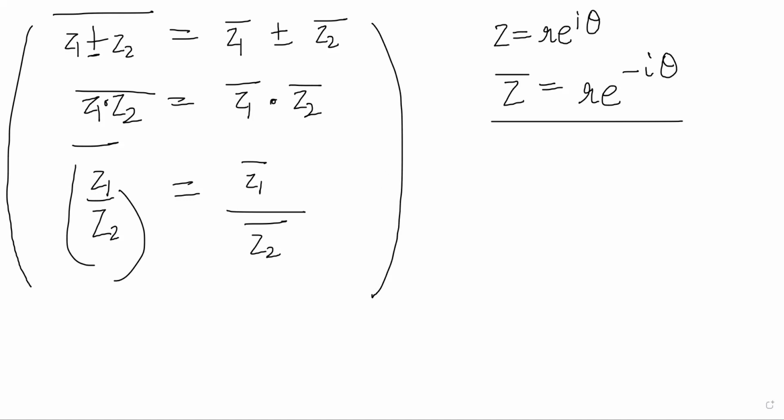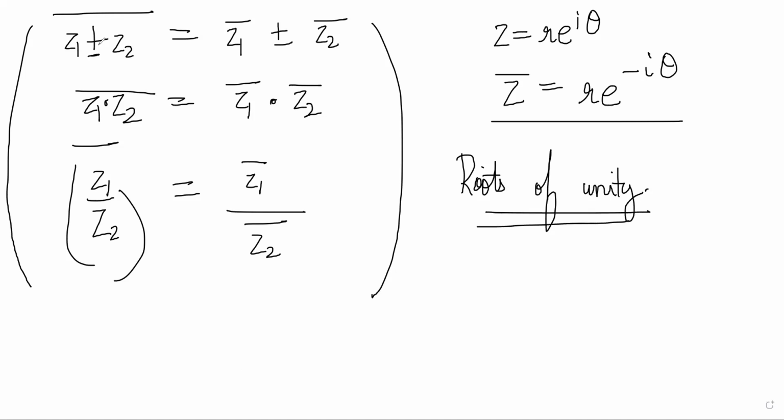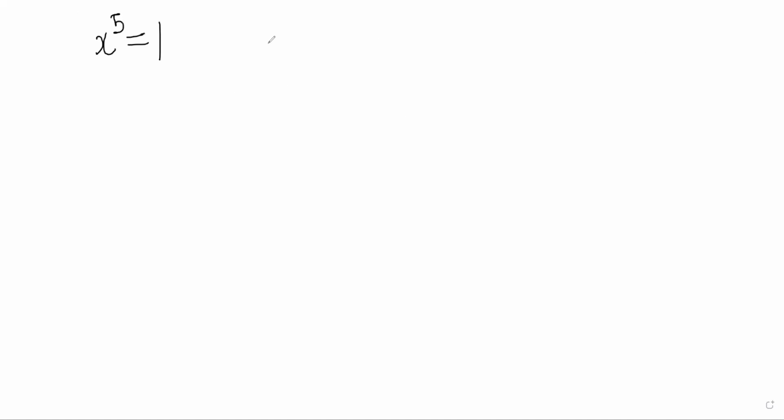What else is important from the perspective of equations? Finding roots of unity given a complex number. For example, suppose you have a question like this: x power 5 is equal to 1. Find all the roots of this equation.